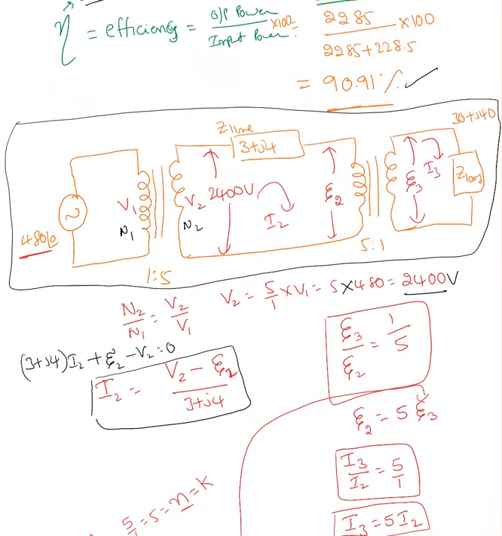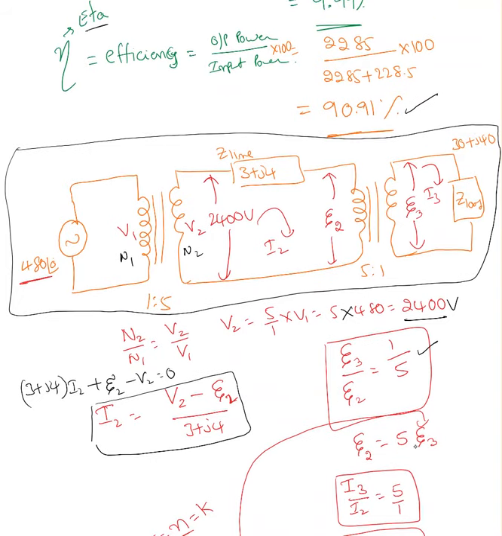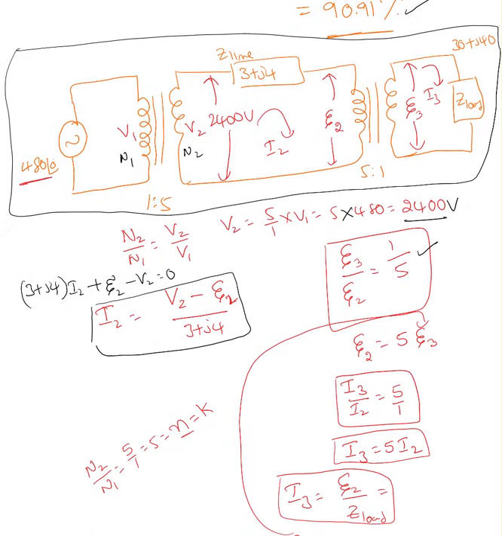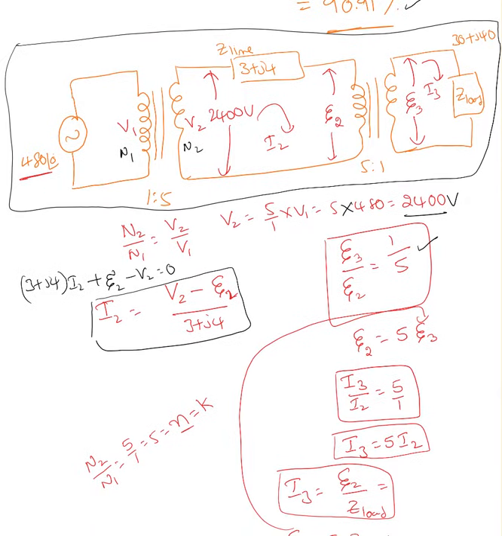Now E3 over E2 equals 1 over 5, so E2 equals 5 times E3. At the same time, according to the transformer ratio, if I take this current as I2 and this current as I3, I3 over I2 equals 5 by 1. So I3 equals 5 I2.